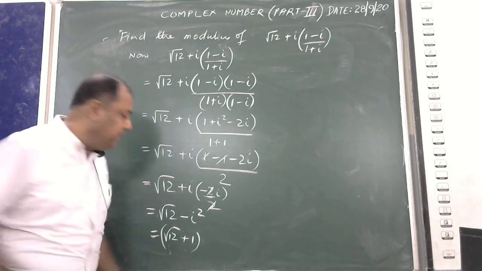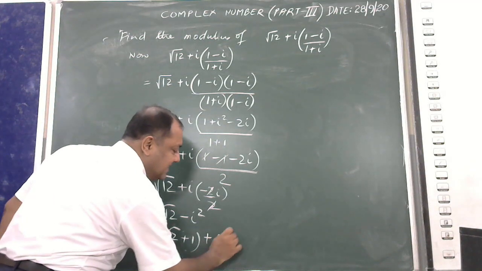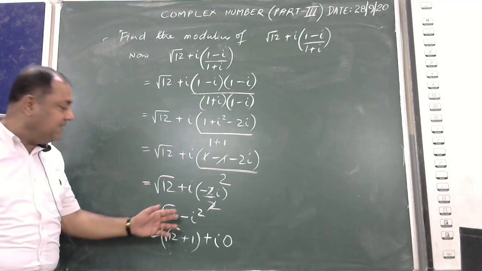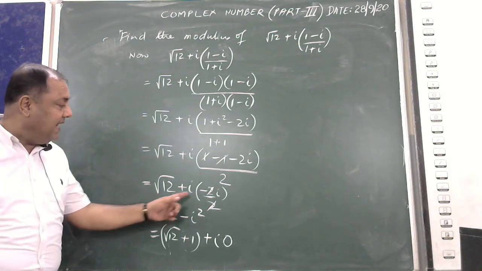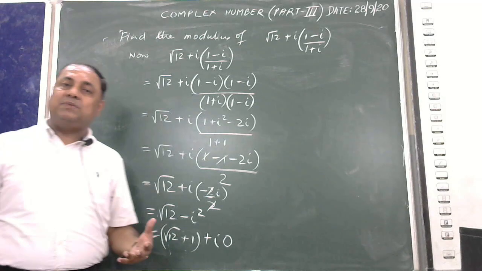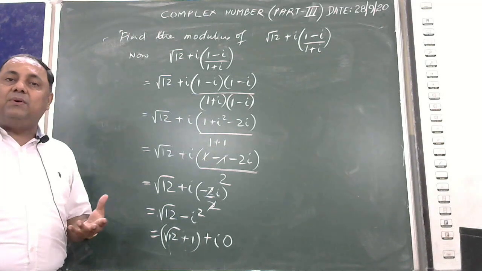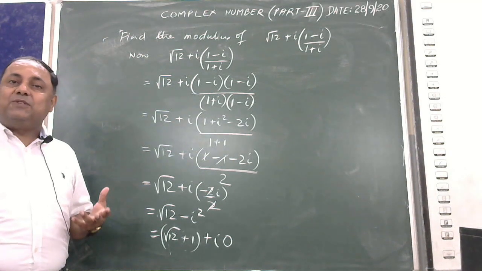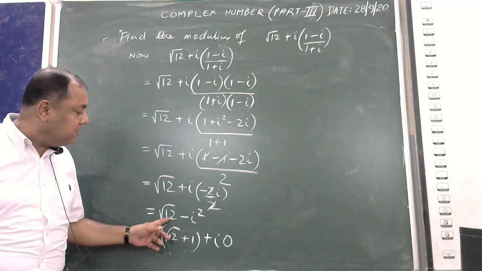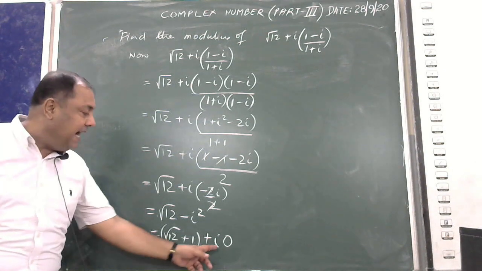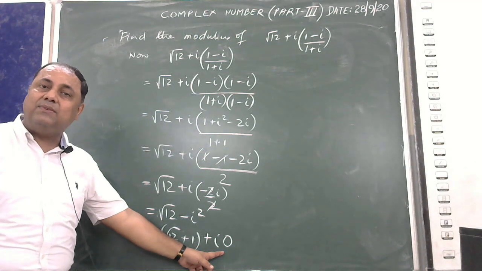Do not get confused, plus it is i0. You may say, where is the i portion, sir? Everything is getting cancelled, i into i. The examiner has given this to confuse you, to see whether you know that all real numbers are complex numbers or not. So I find that this is in fact totally a real number. The i portion is 0.